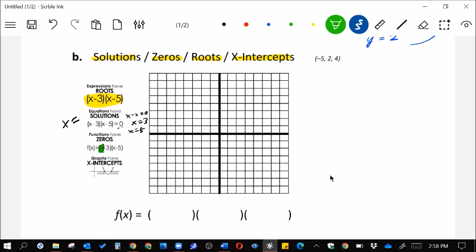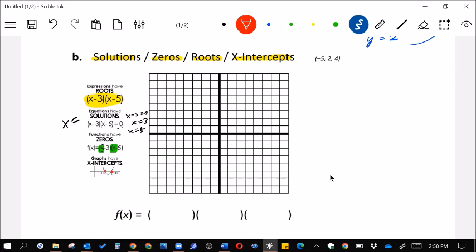If you put a 3 in there, you're going to get a 0. So 3 is going to be 0 for it. And then if you put a 5 here, you'll get another one. A 5 would make it 5 minus 5, and 0 times anything is 0. So those are zeros. And the x-intercepts are perhaps the easiest thing because you have done those before. It's simply the place where it hits the x-axis.